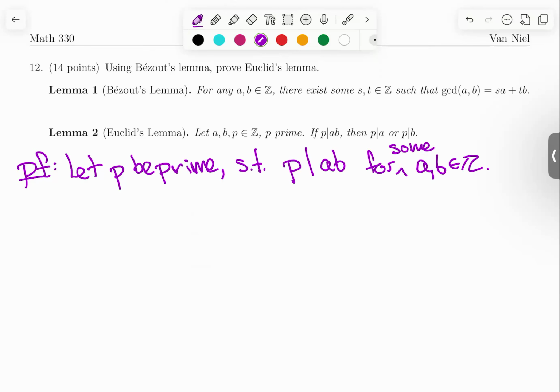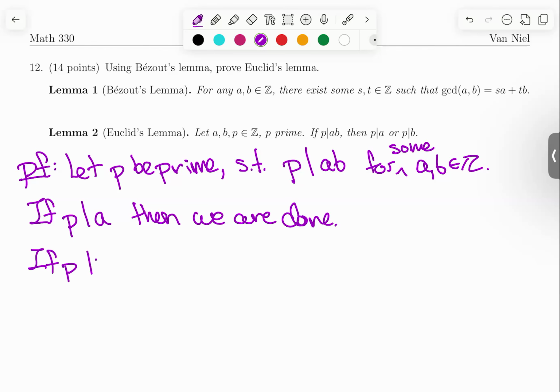Okay. Excuse me. So, all right. If P divides A, then we are done. Right? Because I only needed to show that P divides A or P divides B. So if P divides A, then we're good. Right?